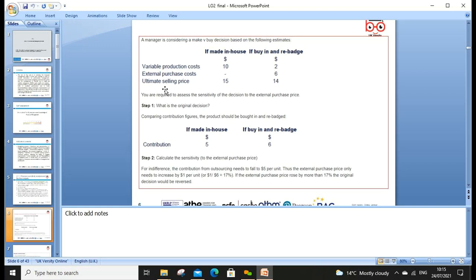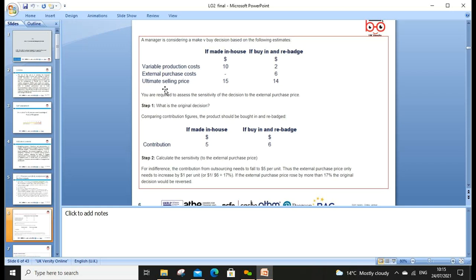So calculate the sensitivity analysis. For indifference, the contribution from outsourcing needs to fall to 5. This is outsourced. For it to be 5, the external purchase price only needs to increase by 1, and then they will be equal.